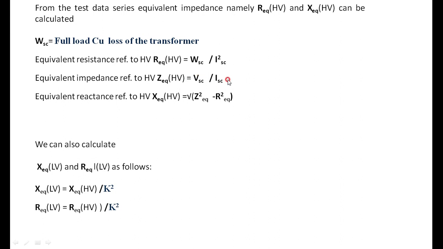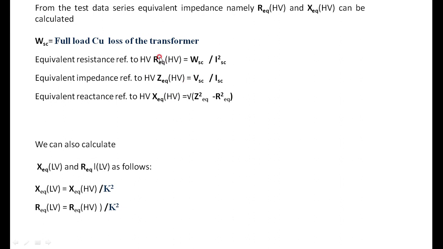That is, voltage by current gives the impedance, and power divided by current square gives the resistance, that is, the equivalent resistance and impedance referred to the HV side. If you know the resistance and the impedance of the circuit, then the reactance can be calculated as the square root of impedance square minus resistance square, that is, X equivalent is the square root of Z equivalent square minus R equivalent square.